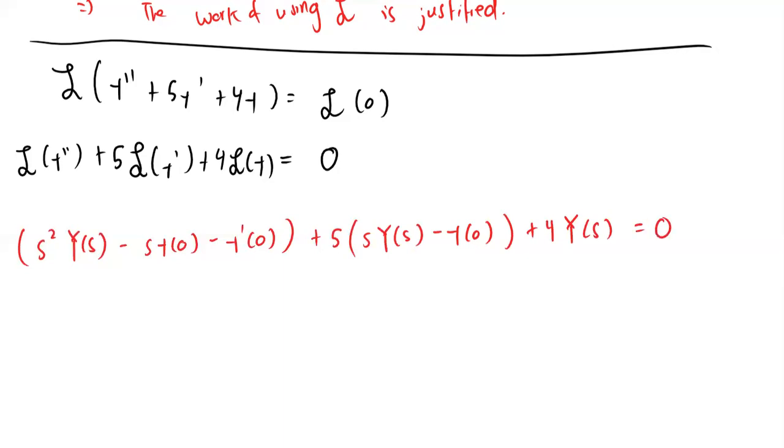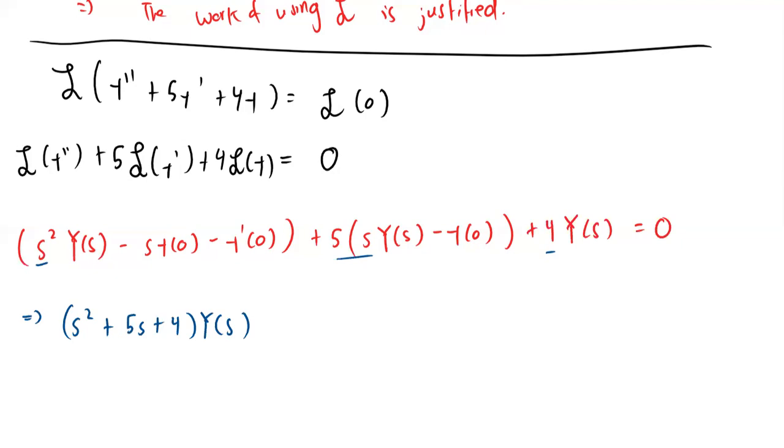Now what we're going to do is simplify everything, combine like terms, and see what we get. For the Laplace transform, we have an s squared here, a 5s here, and a 4 here. So it looks like s squared plus 5s plus 4 times Y of s.